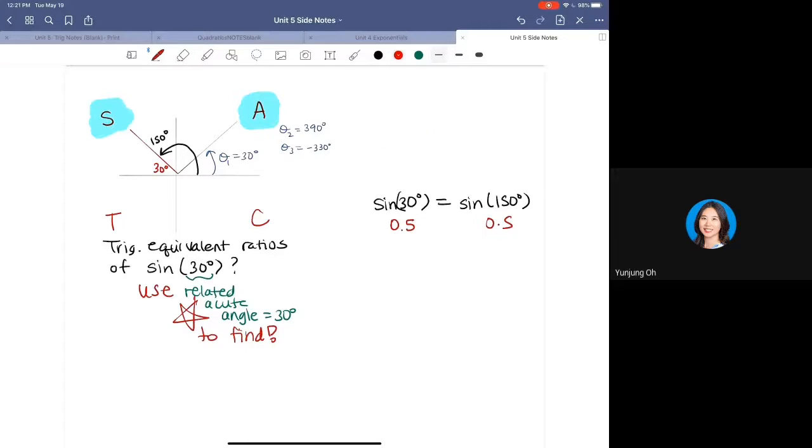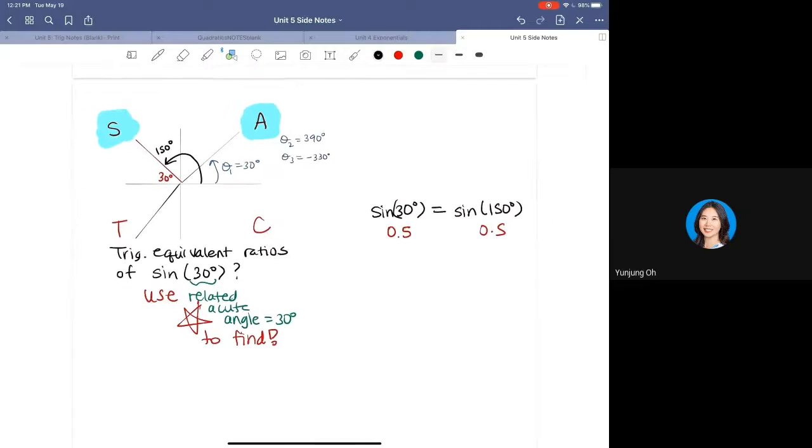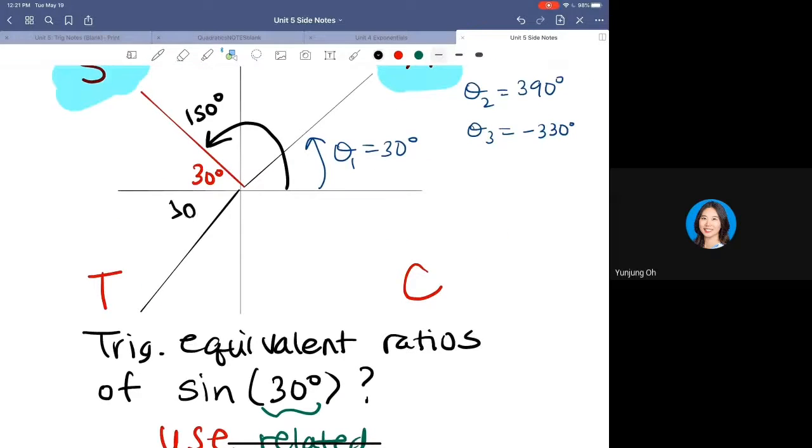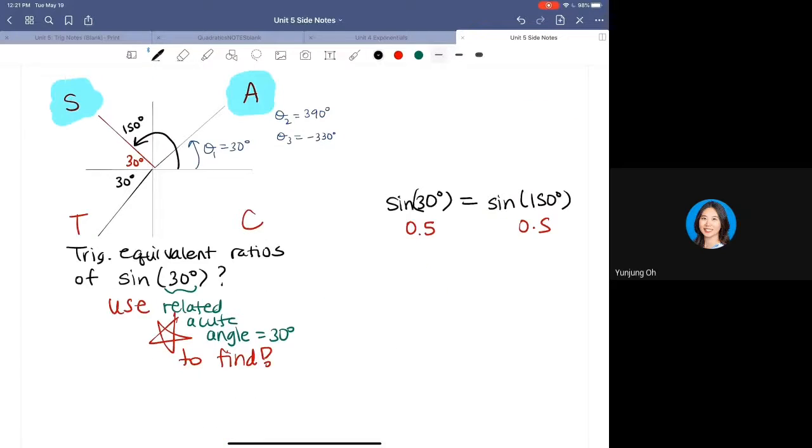Think you can predict another one? I'm going to draw you a line and let's see if you can find it. If this is my angle that I drew, and that means this is 30, what is the trig ratio that's going to make this work? Sine of what? You can think of it in your head for a second, because I know it's hard to spit out the right answer right away.